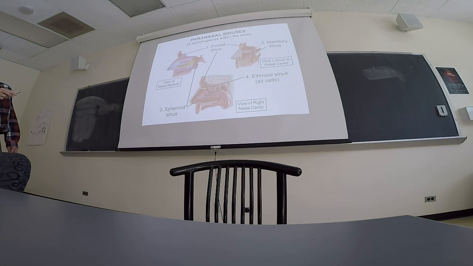Maxillary sinus, so this whole maxilla, which extends out here, is hollow underneath. And then if you cut through the ethmoid bone, you see lots of little individual air cells. So those are the ethmoid. That's collectively the ethmoid sinus. And you see the sphenoid in all these views.